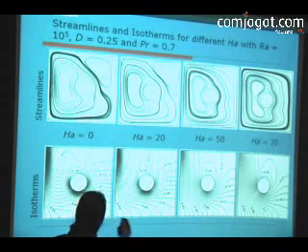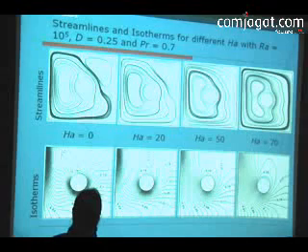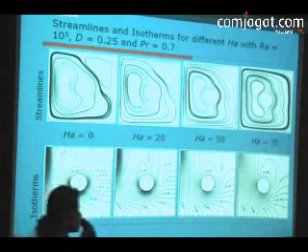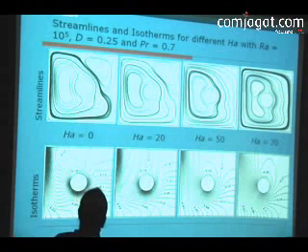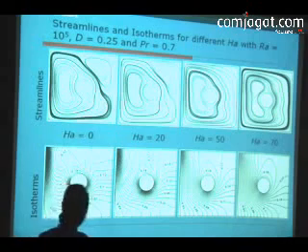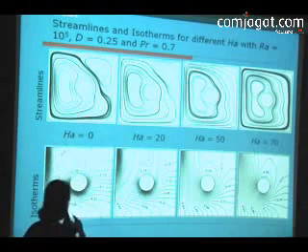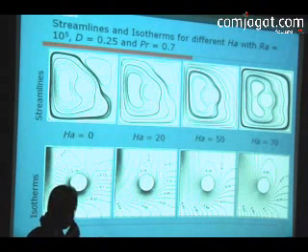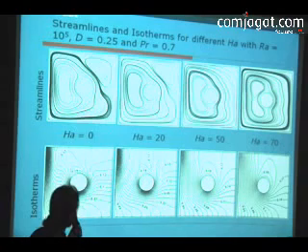From the upper figure, it is clear that the number of recirculation cells reduces with increasing magnetic strength. And from the lower figure, it is clear that the concentrated boundary layer region becomes thinner with increasing Hartmann number.